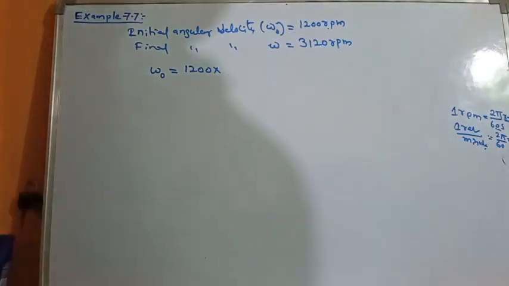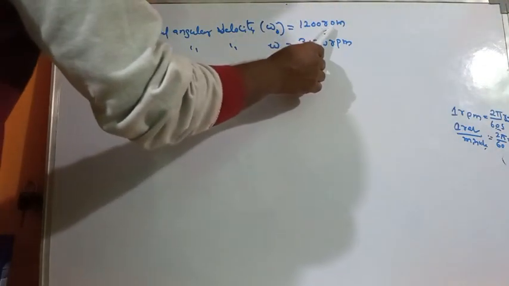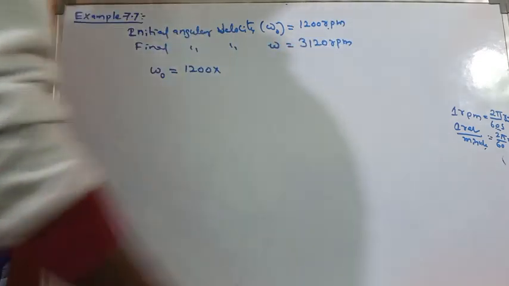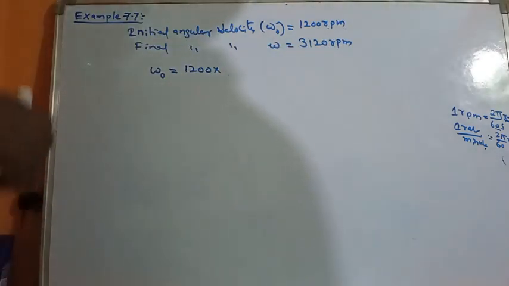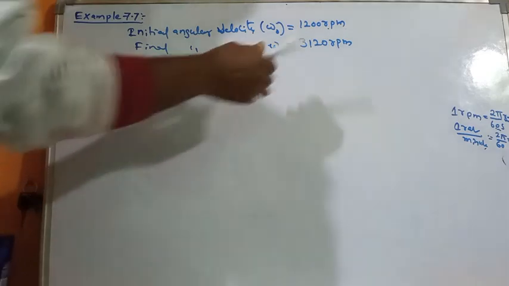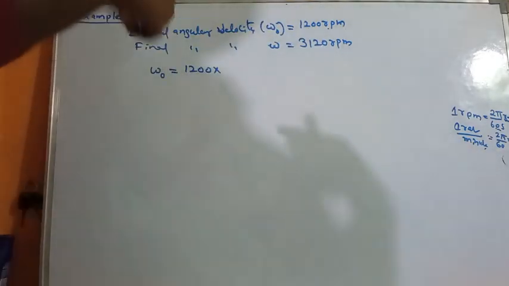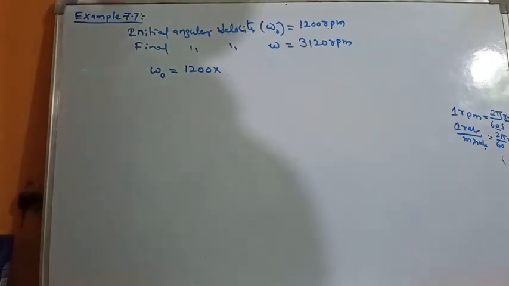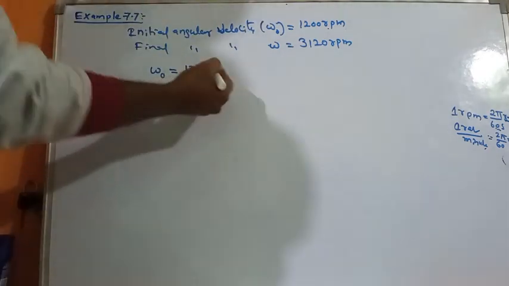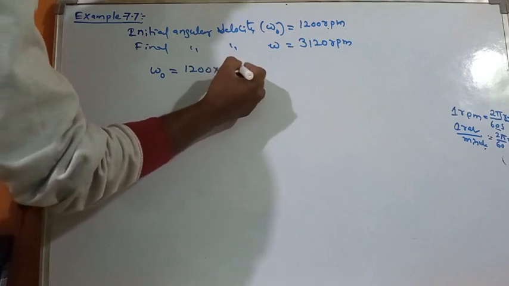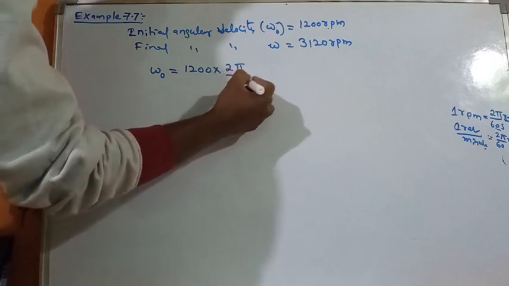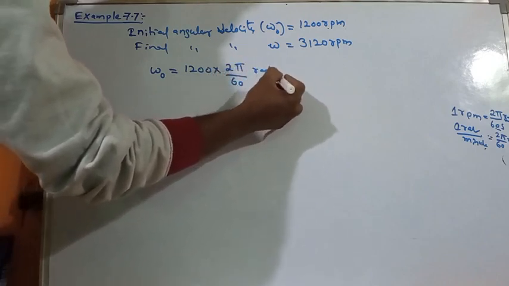Now this rpm we have to convert into radians per second. So 1 rpm is equal to 2 pi by 60 radians per second.